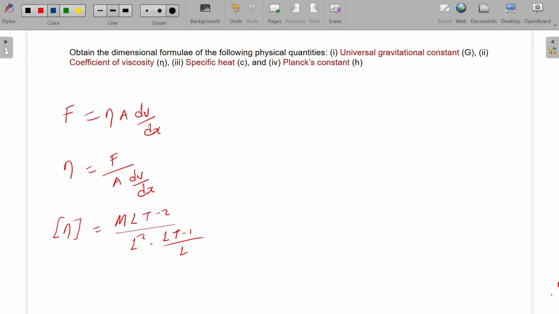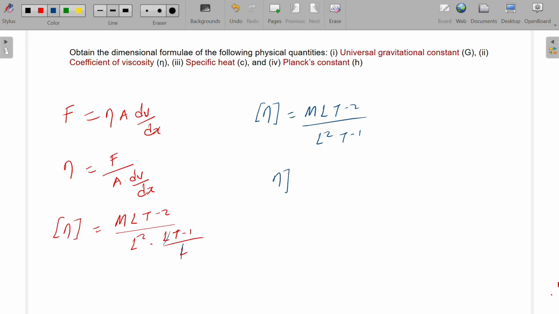So let's continue with our calculations. Here we can see down here this L and that L cancel since they are the same. So when we do that, the coefficient of viscosity dimensions will be equal to M L T to minus 2, divided by what remains down there, L squared multiplied by T to minus 1.